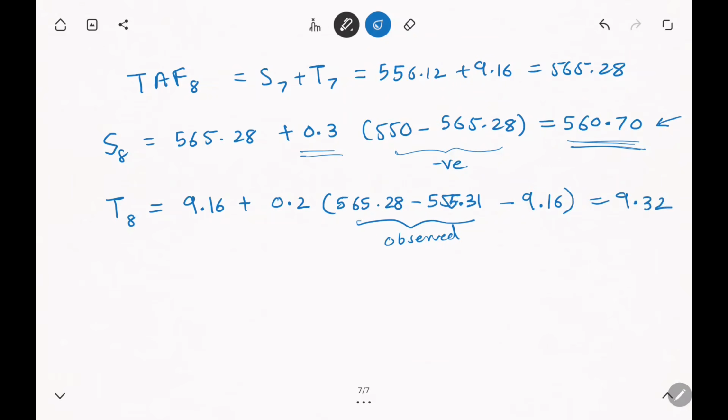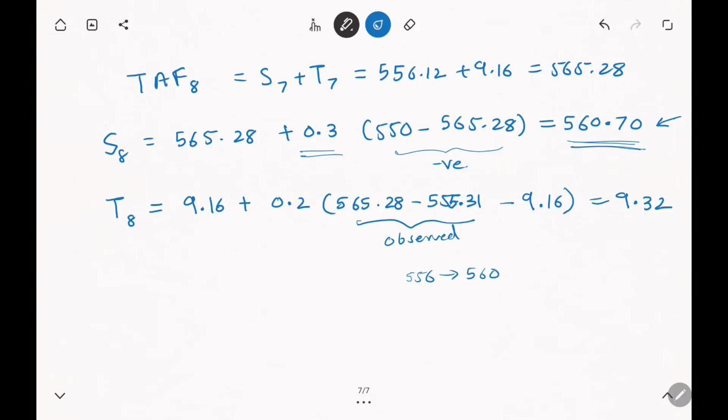So even though the actual value was lower, the trend increases slightly because the level S8 is still higher than the level S7, maintaining a mild positive slope, right? So therefore, we can say that the trend has increased. So now the trend value is 9.32.